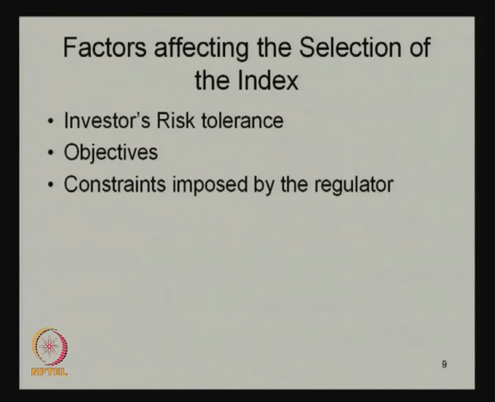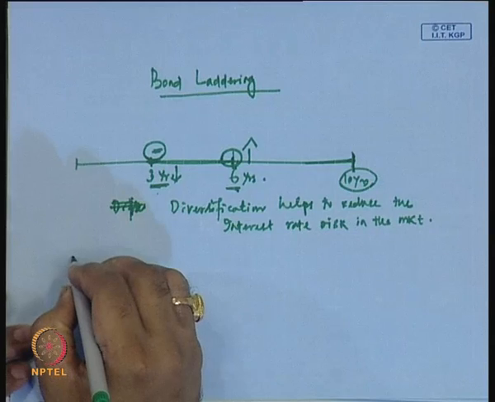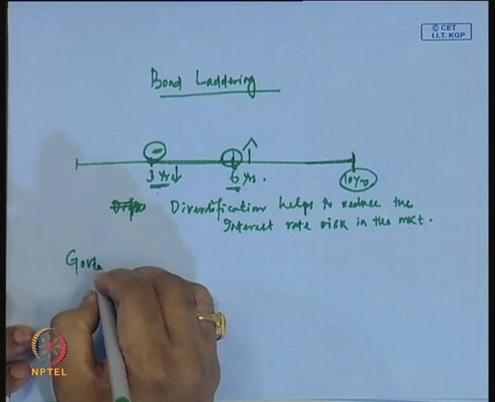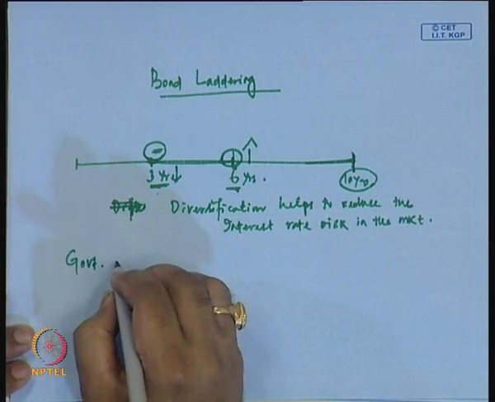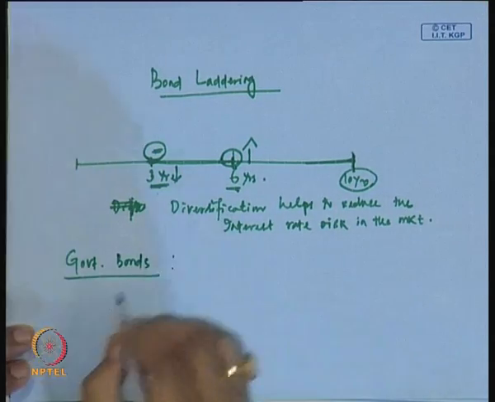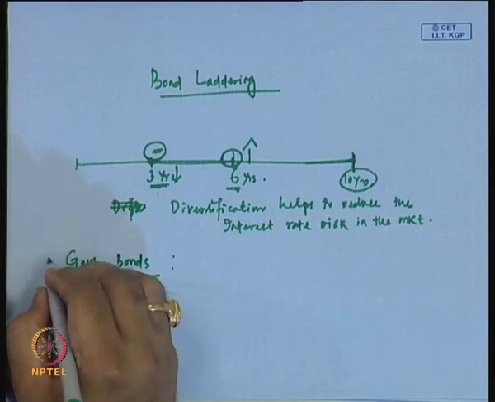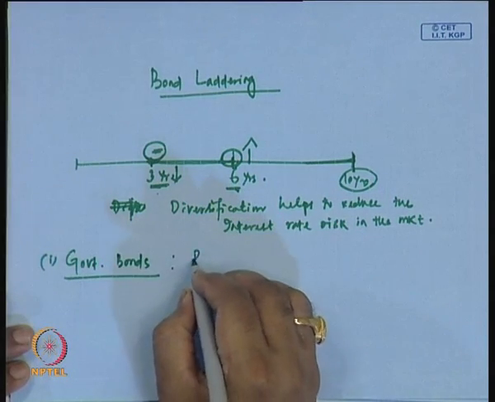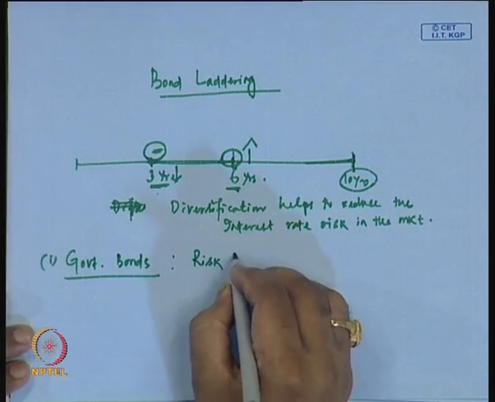Here the major factor is the investor's risk tolerance. That means, if the investor's risk tolerance level is very low, we can make an index by taking only government securities, or government bonds, which are issued by the government. That means the risk tolerance limit is very low.